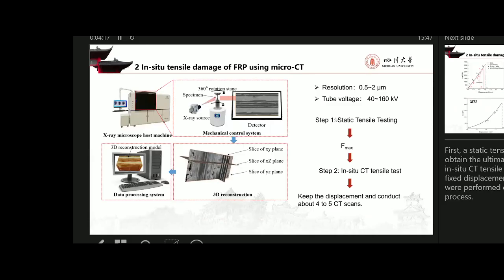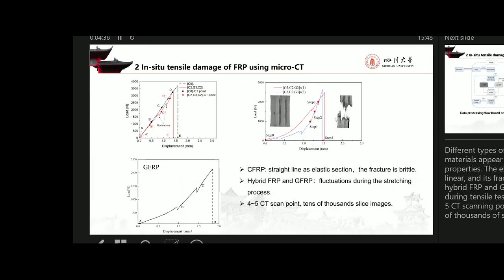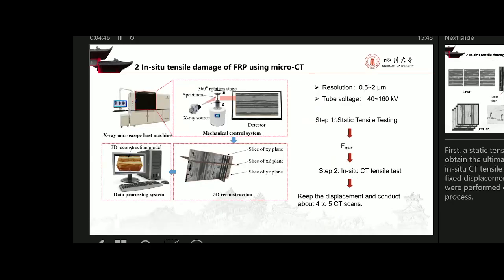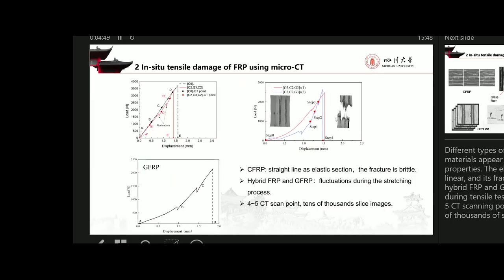In this in situ test, firstly we do the static tensile test to get the ultimate load, and then we choose 4 to 5 CT scan points, so we can get these curves. You can see CFRP has a straight line and the fracture is brittle.